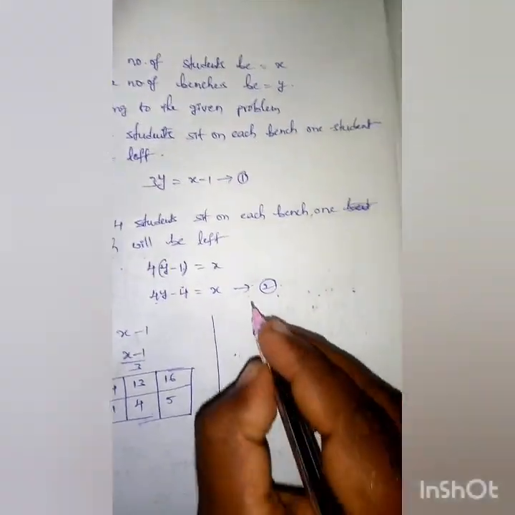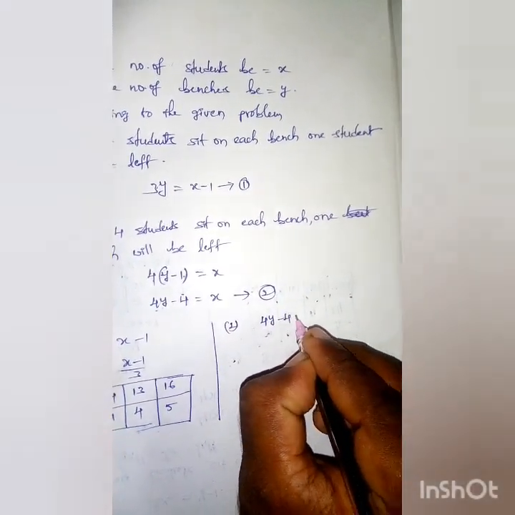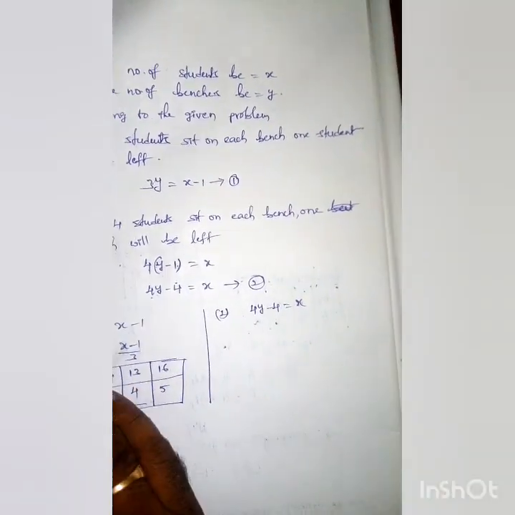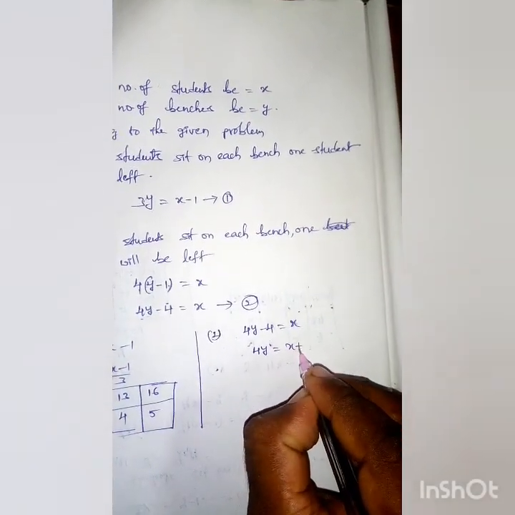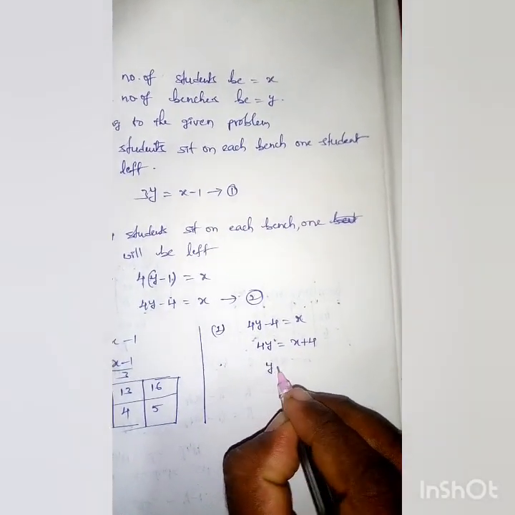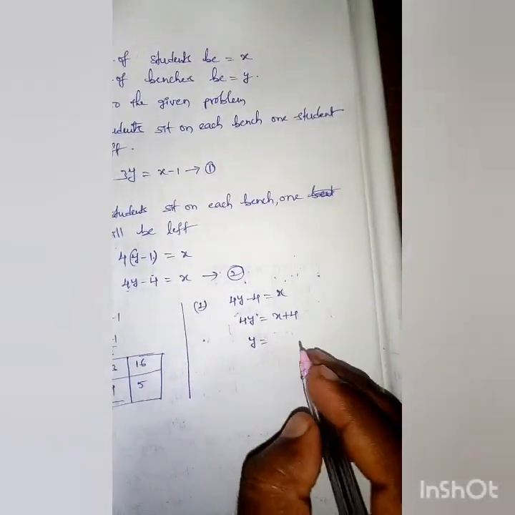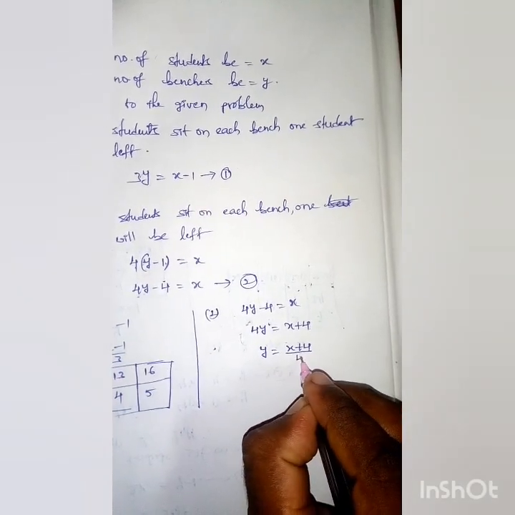Now coming to the second equation, 4y minus 4 is equal to x. If we transpose, the minus 4 becomes plus 4, that is 4y equals x plus 4. Now send the 4 also: 4 multiplies y, so it divides x plus 4. So that is y equals x plus 4 by 4.